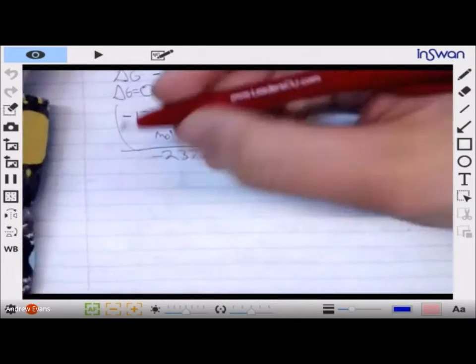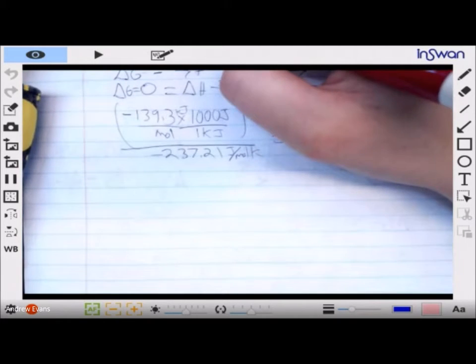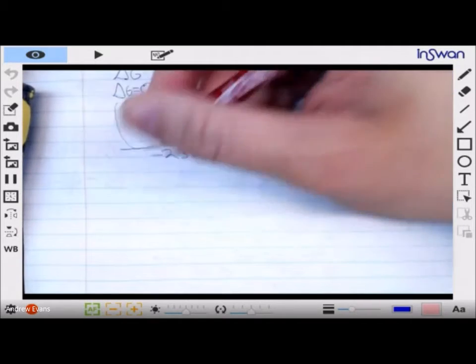Delta G has a relationship to K and a relationship to Q based on temperature.